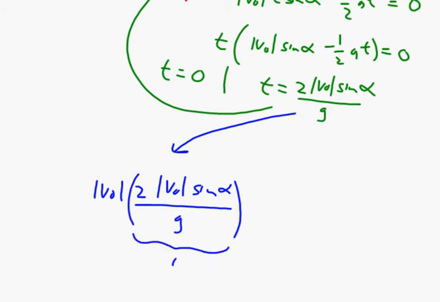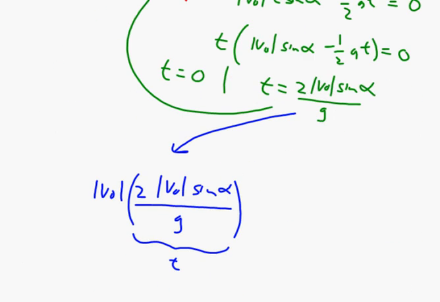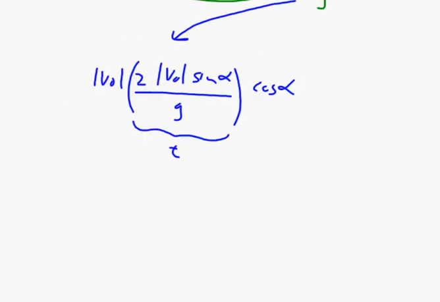Let's be clear about that. And then let's not forget, it also gets multiplied by the cosine of alpha. Okay, so that's what you have. All right, so here we go. This is the relationship for the distance traveled. You can write it as x equals if you want, but it's our horizontal distance traveled.